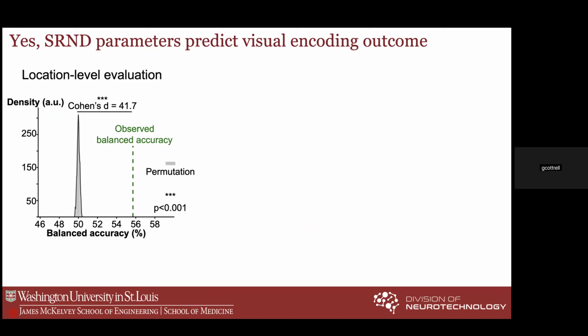When we look at each individual electrode contact, the observed balanced accuracy is about 56%. In these plots, the distribution to the left represents the null distribution generated by shuffling the labels of the data and retraining and re-evaluating the models.